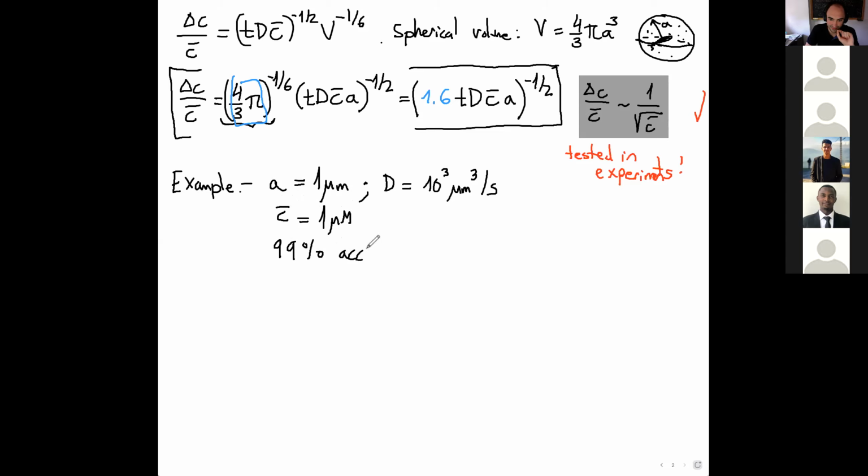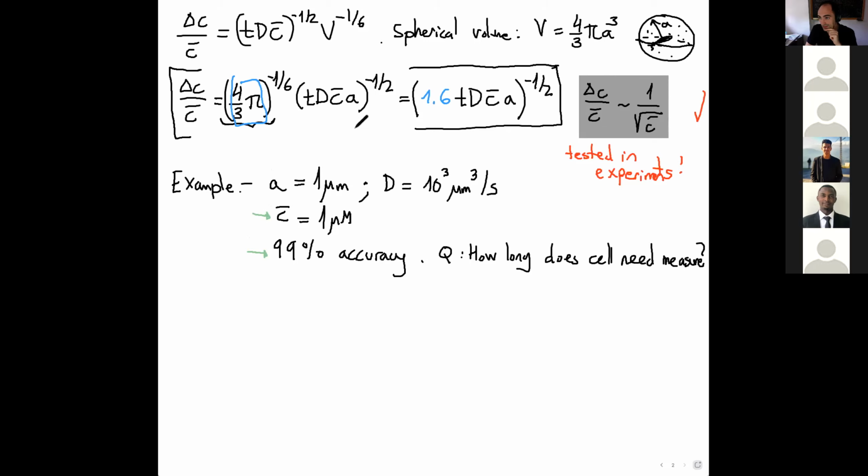How long does the cell need to measure? It means you have a device and you put this device to count molecules. How long do I need to count molecules in order to measure this concentration, which is very small, 1 micromolar, with 99% accuracy?